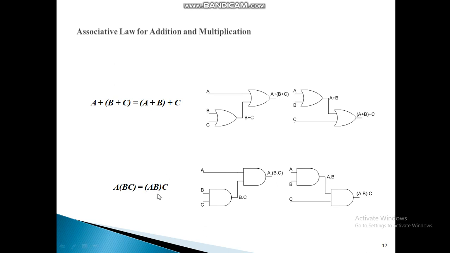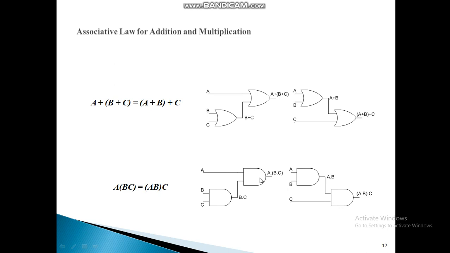Now the right hand side, (A into B) into C. First we multiply A into B with an AND gate. Then the result of AB is multiplied with the value of the C variable. Then a second AND gate is used here.